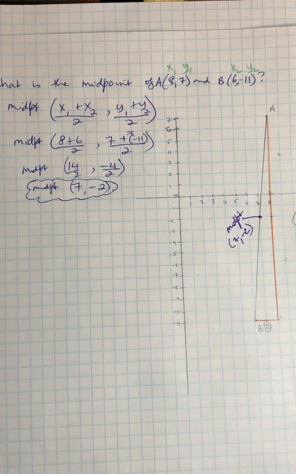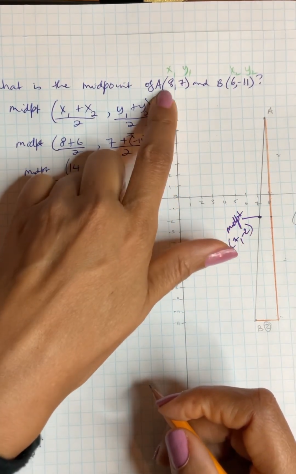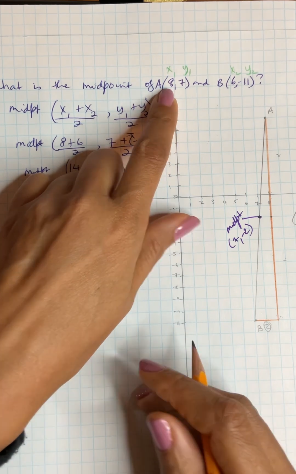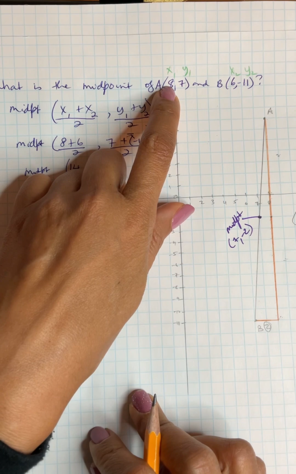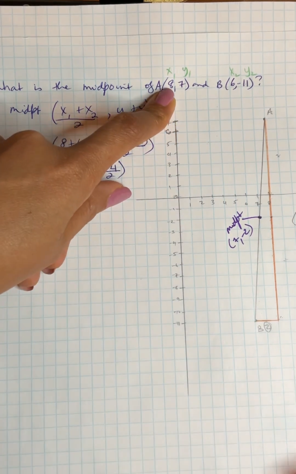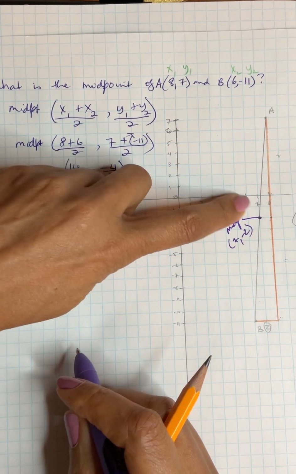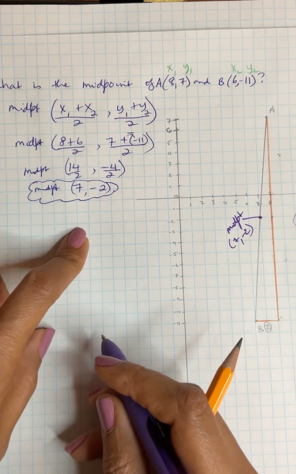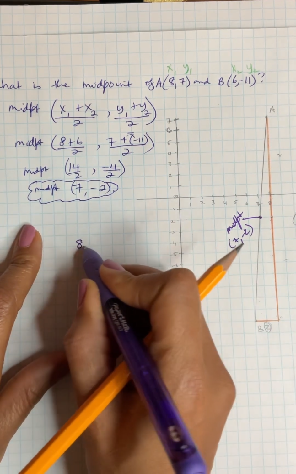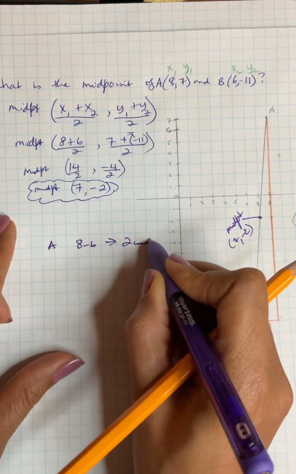Now, if you don't want to plot it, you just simply look at the difference between your coordinates. Let's start out with our x coordinates. You're at 8 for your x and 6. So the difference between 8 and 6, you do 8 minus 6, which is just 2 units.